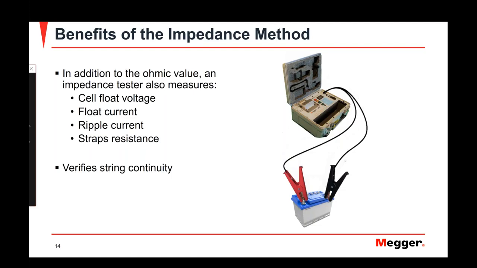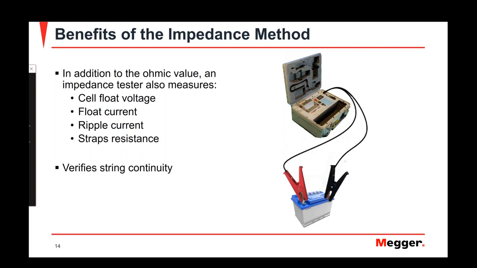It also gives us an opportunity to measure for ripple current, and in some cases, we can also measure the float current. Now, this creates an added value to the ability for evaluating the health of our batteries and provides more information than just the individual impedance value of the cell.